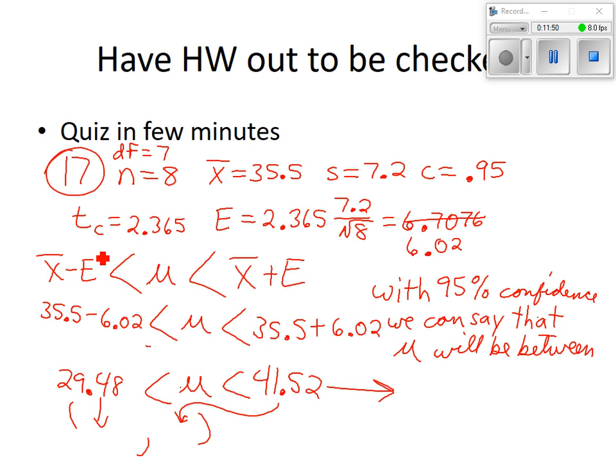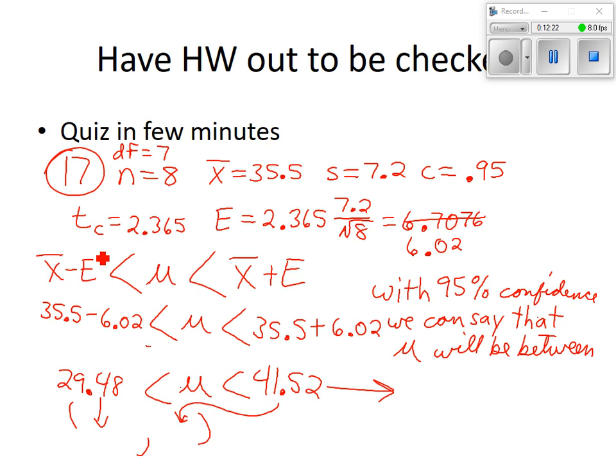Is it the same problem again? Is it Z interval? It's not Z interval, it's T interval. It's been on the board the whole time. N is 8.